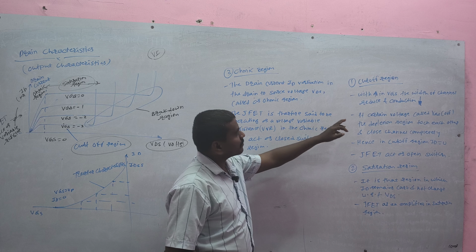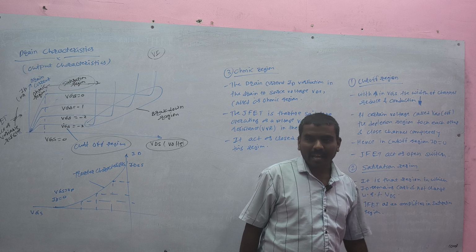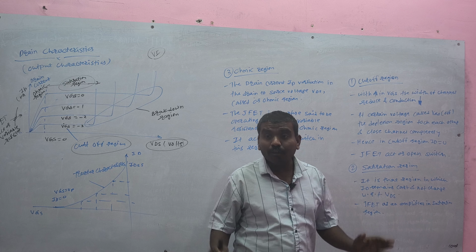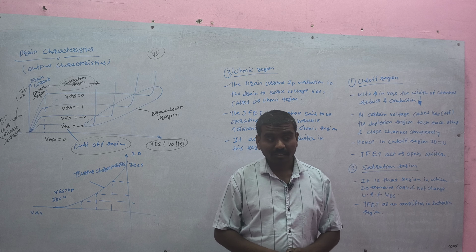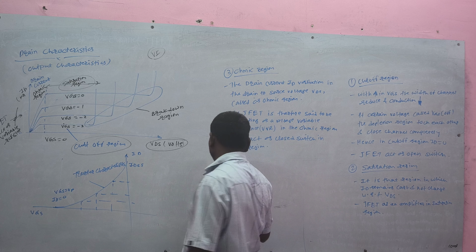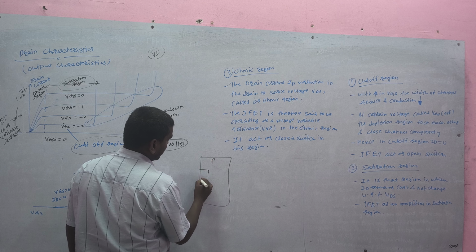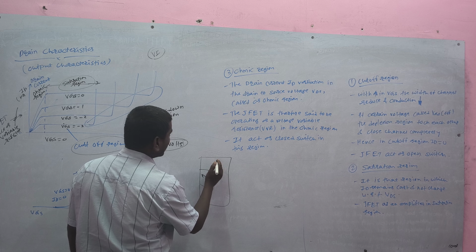See here, cut-off region. You know that as VGS increases, the width of the channel reduces. Suppose this is a P channel or N channel.